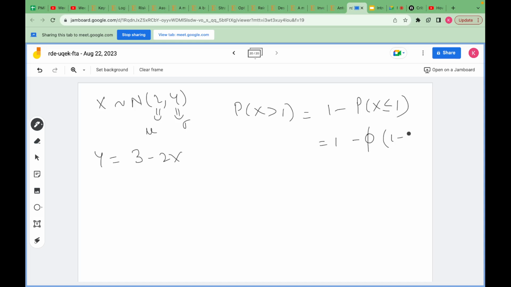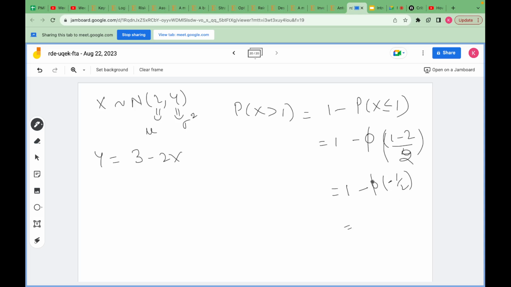So this is 1 minus... sorry, 4 is sigma square, so sigma is 2. So 1 minus 2 divided by 2, which is 1 minus 1 by 2.